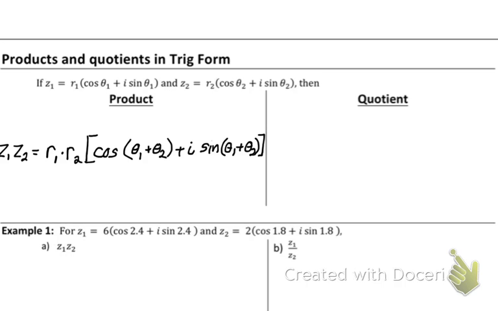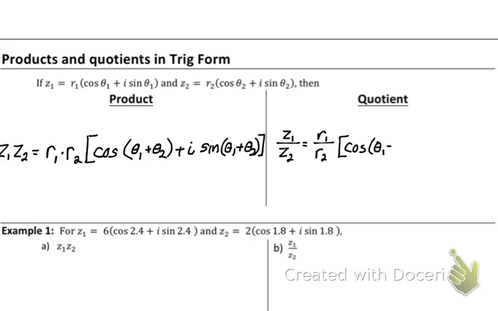All right, for dividing, it's very, very similar. Dividing is going to look like z1 divided by z2. That's going to equal, well, instead of multiplying my modules, I'm going to divide them. I'm going to have r sub 1 divided by r sub 2. We're going to multiply again, and we'll have our cosine value. This time we're going to take our arguments and we're going to subtract them.